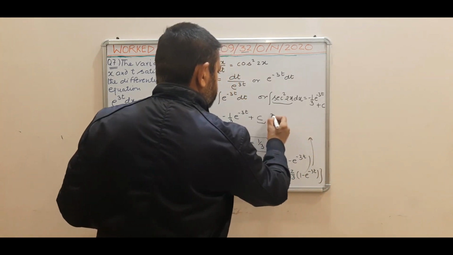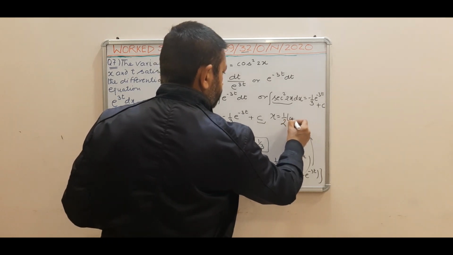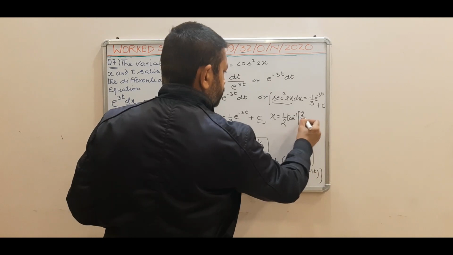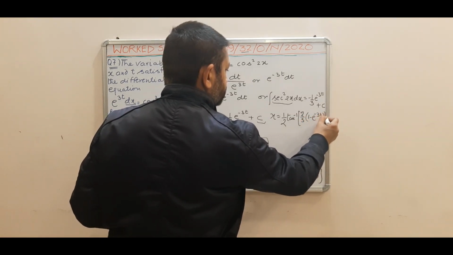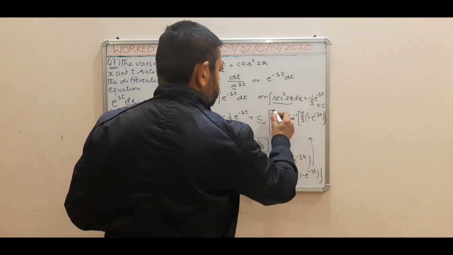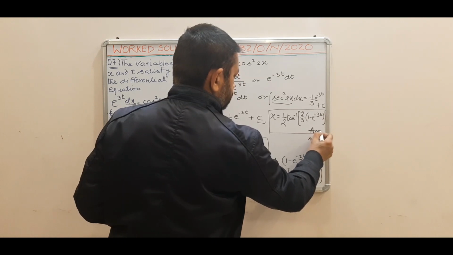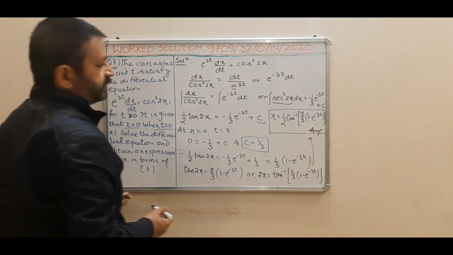And finally, x is 1 upon 2 tan inverse of 2 upon 3 into 1 minus e to the power minus 3t. This is your answer. We have expressed x in the form of t.